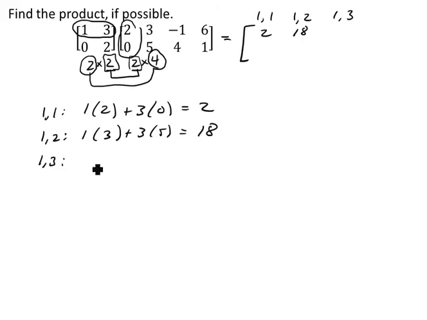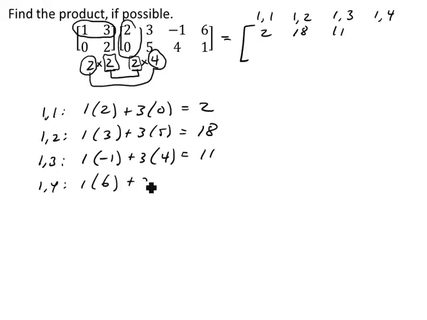So we're using the first row of the first matrix times the third column of the second matrix. So that's 1 times negative 1 plus 3 times 4. So that makes 11. And then our first row, fourth column, we get 1 times 6 plus 3 times 1. So that's 9.